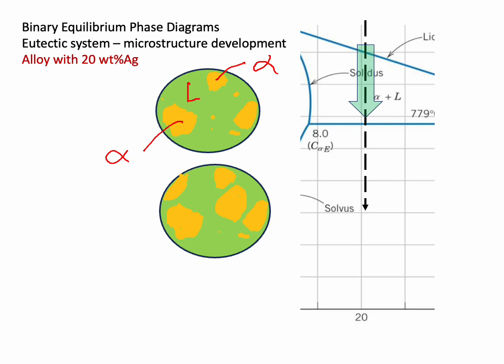And as we cool, as we go from the liquidus line to this eutectic line, there will be more and more alpha forming. But it won't fill the whole field. We won't get to 100% of it when we get to the eutectic temperature.